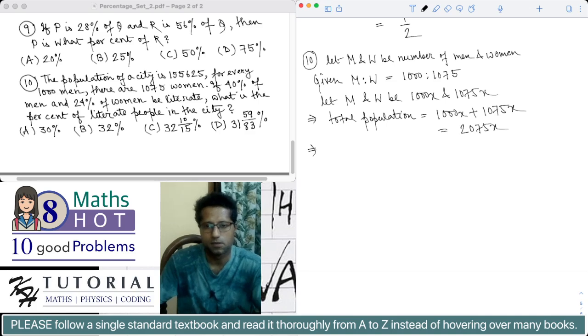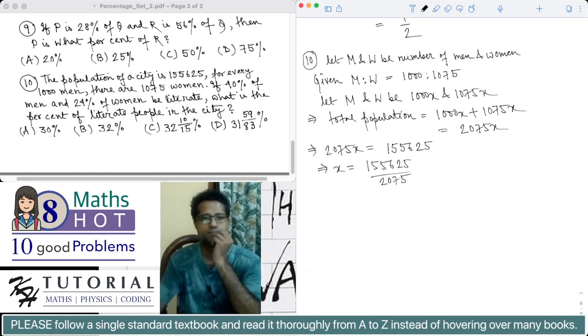So 2075x should be equal to the given population, that is 155,625. So x is equal to 155,625 divided by 2075, such a big number.